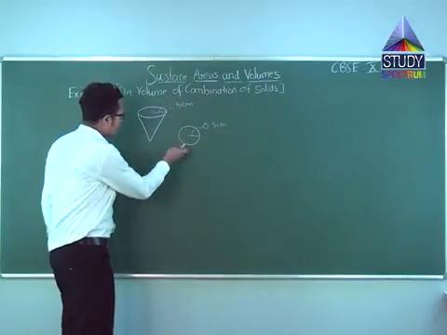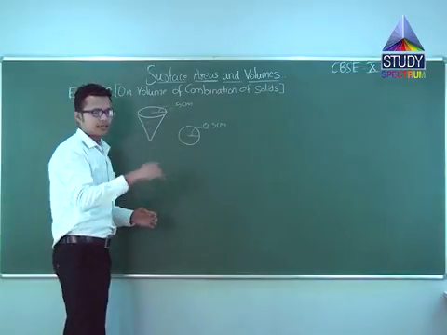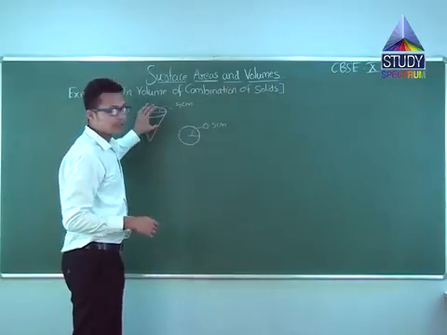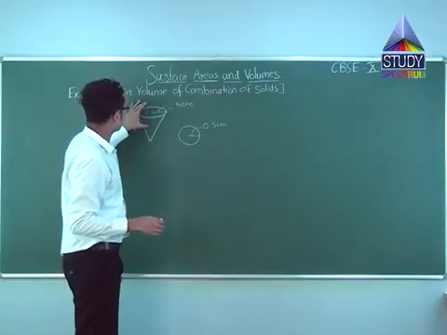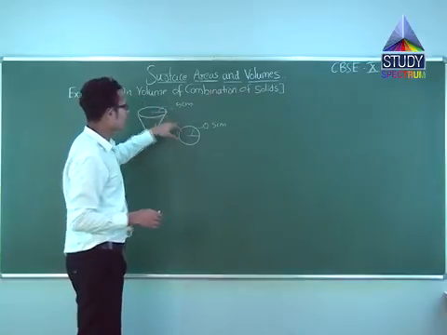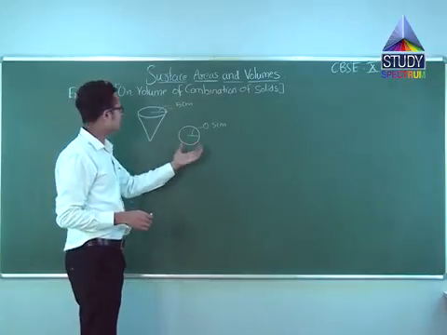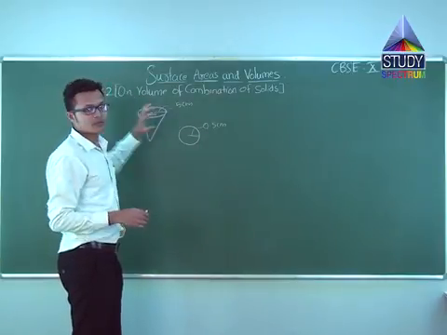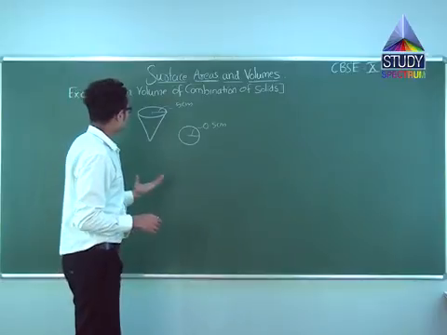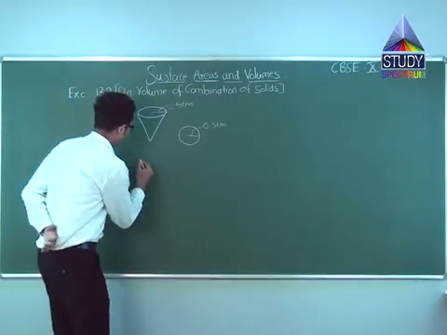So we have to find out how many such shots we must place in this cone for 1/4 of the volume to come out. So let's solve now.